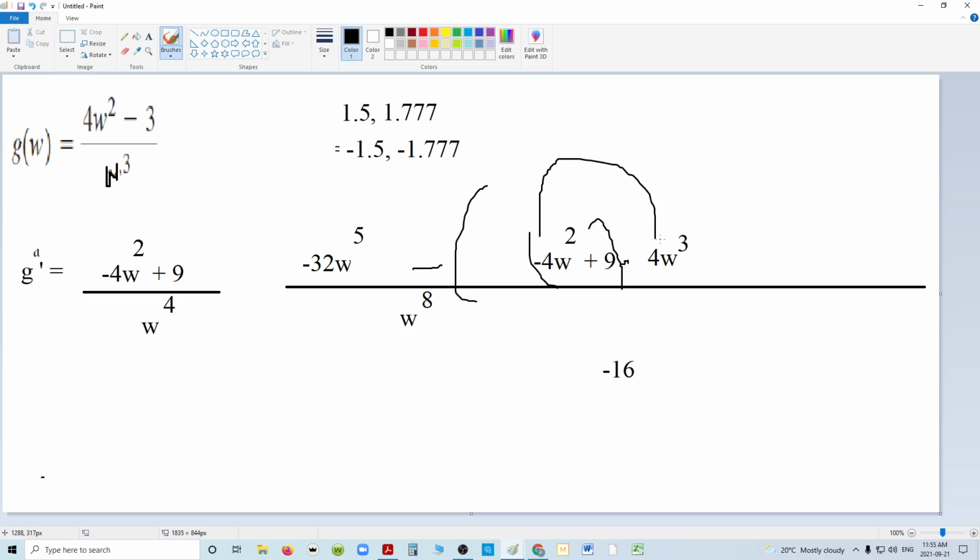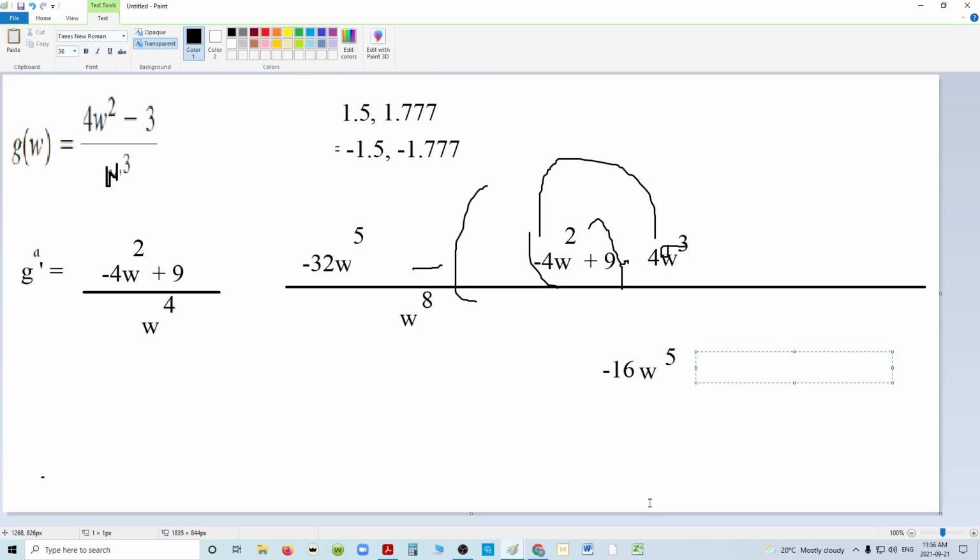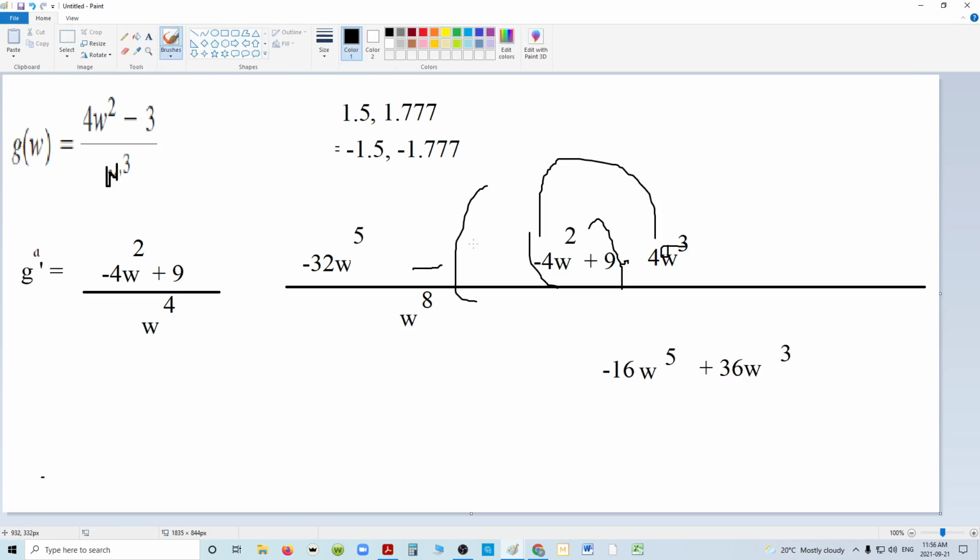So this second one, 4 times the minus 4 is minus 16, w cubed times w squared is w to the 5. So I get minus 16 w to the 5. And then the 4w squared times the 9 becomes plus 4 times 9, 36 w cubed. Now, this subtraction applies to both those things. So this becomes positive, and this becomes negative.